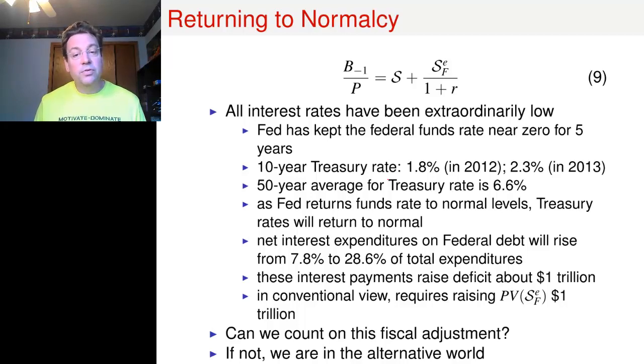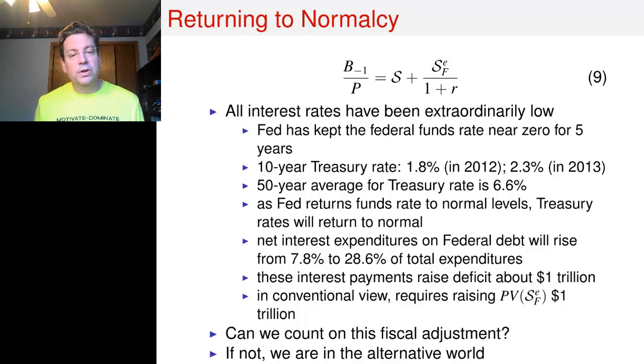But the 50-year average for this 10-year Treasury rate is about 6.5%. So there still is quite a big gulf between the historic average and current levels of these 10-year bond rates. As the Fed returns the federal funds rate to normal levels, Treasury rates will also start to rise and return back to normal levels.